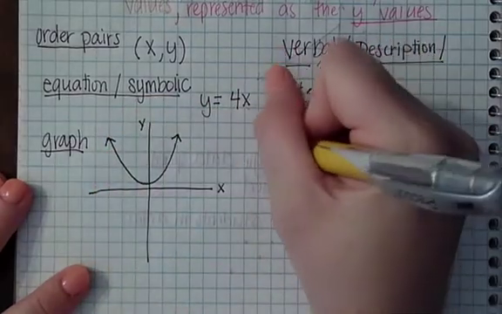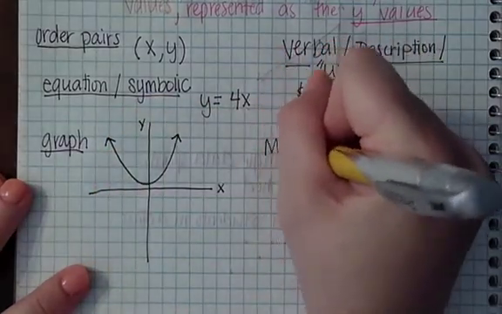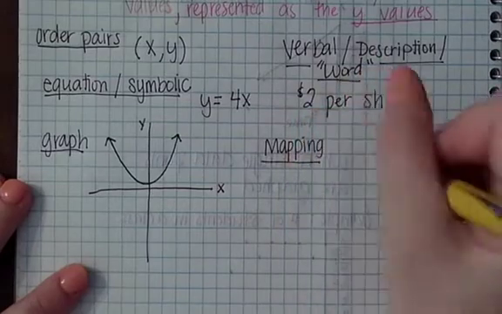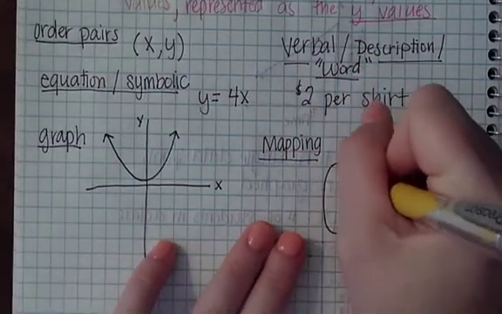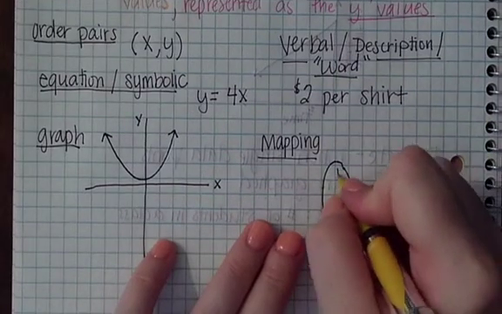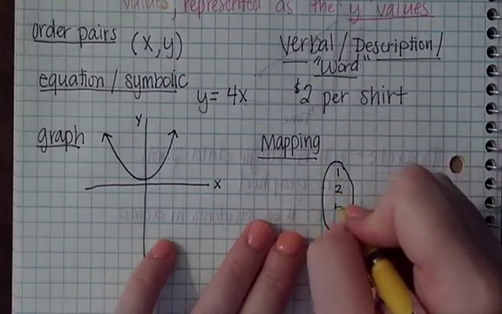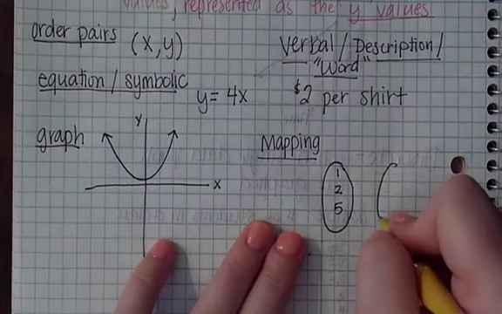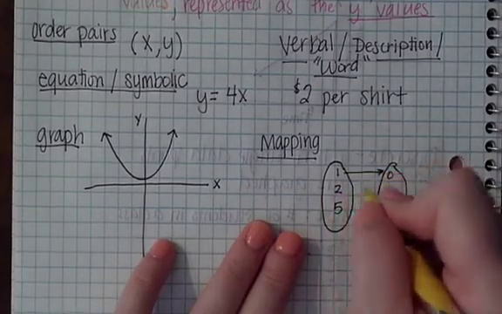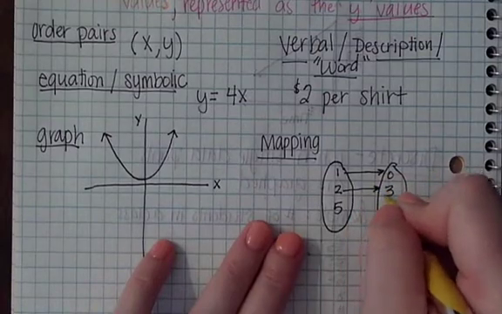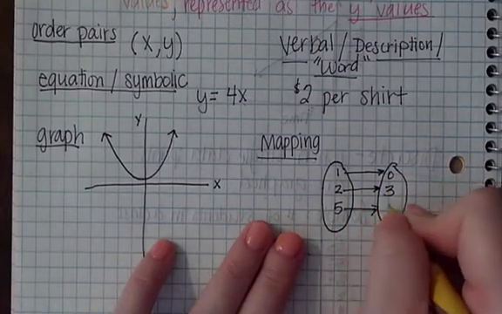Okay, we had the mapping, where you'll see it with arrows. So you might have like 1, 2, 5, and then over here you might have 0, 3, 4.